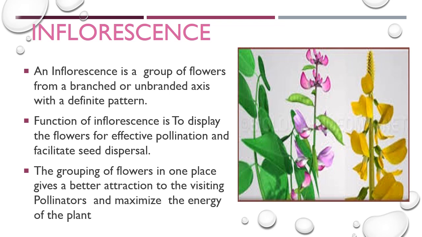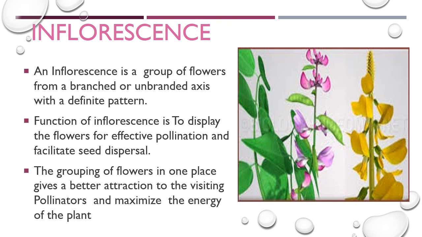So already I said flower is the reproductive part of the plant. All flowers have attractive colors especially for reproductive work such as pollination, because insects or some other factors are responsible for pollination. By that only the flower has an attractive color. So the function of inflorescence is to help effective pollination.